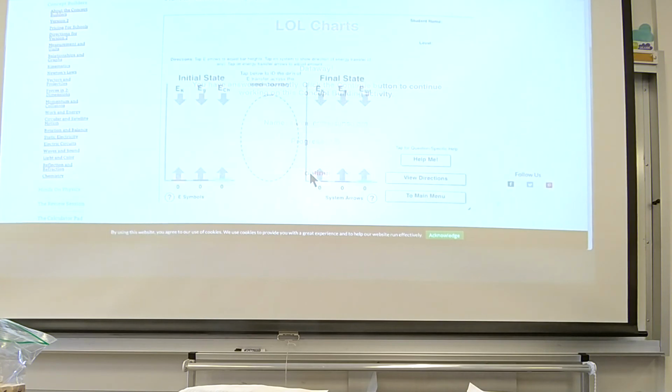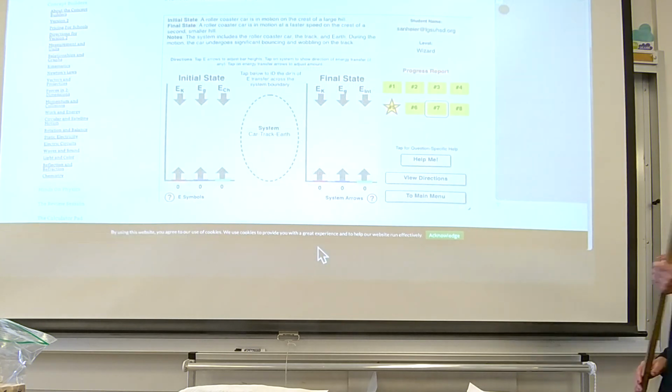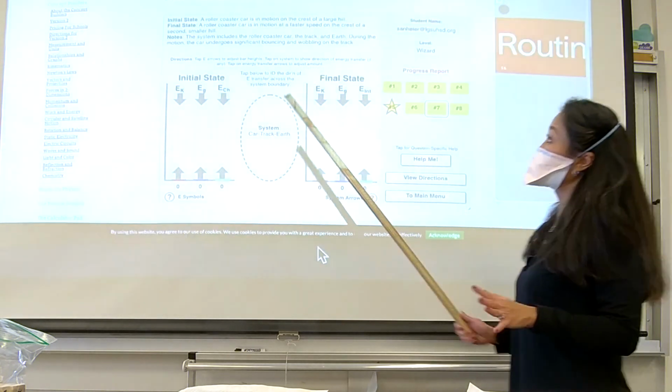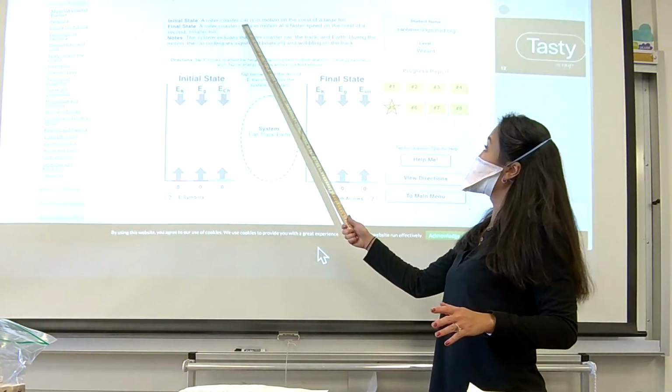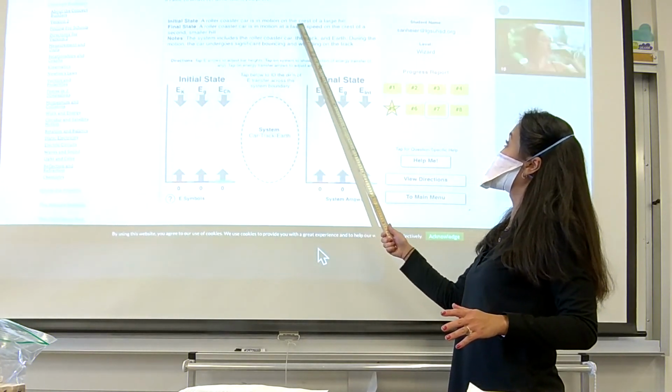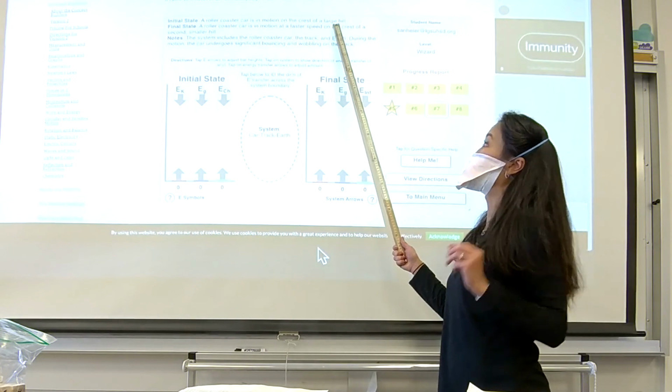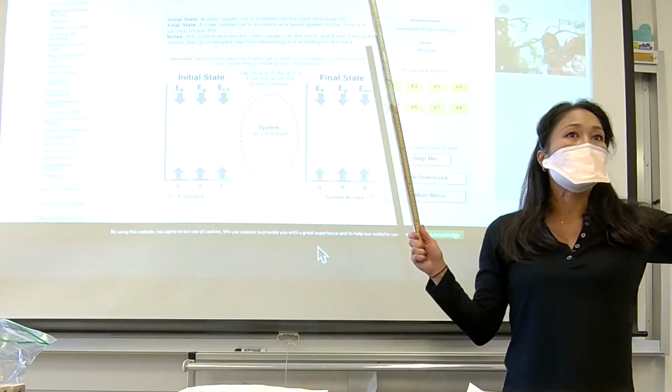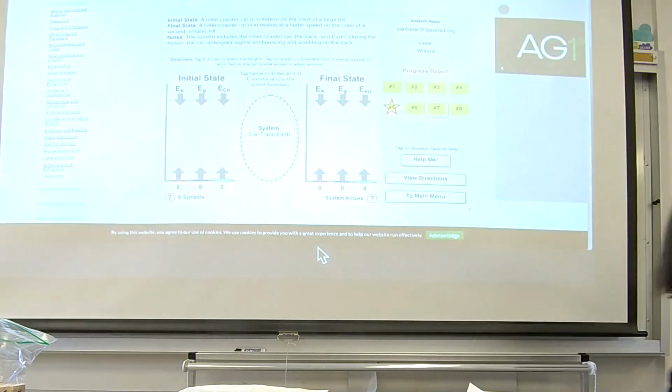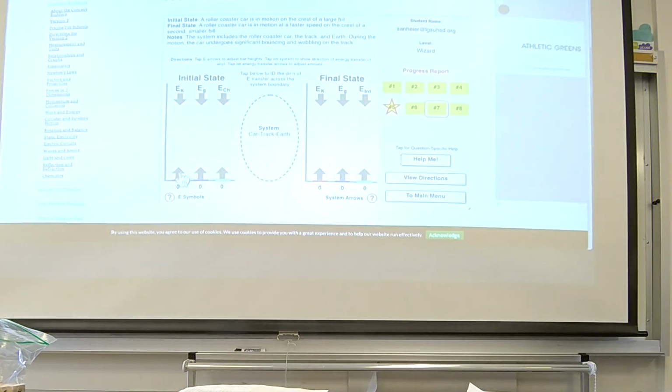The next one. I hope this is the right one. Okay, so this one's a tricky one. A roller coaster car is in motion on the crest of a large hill. It's got motion and it's on a large hill. I've got kinetic energy. I've got gravitational energy.